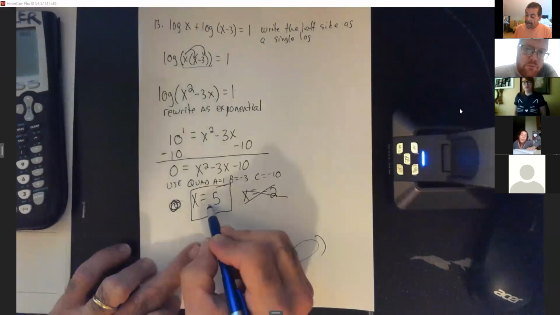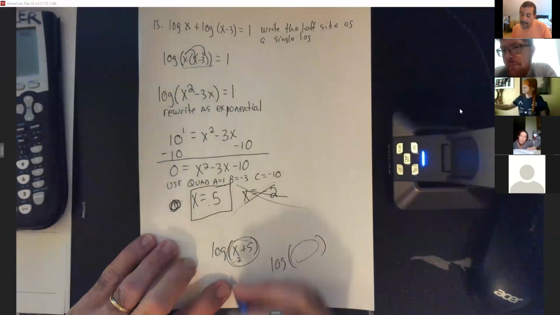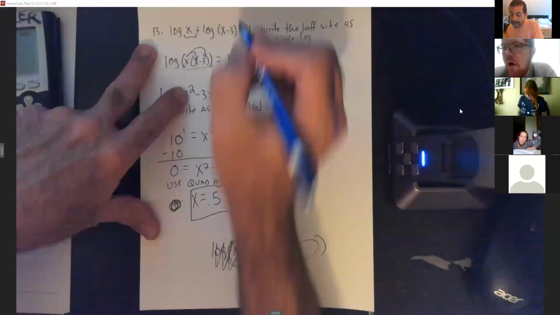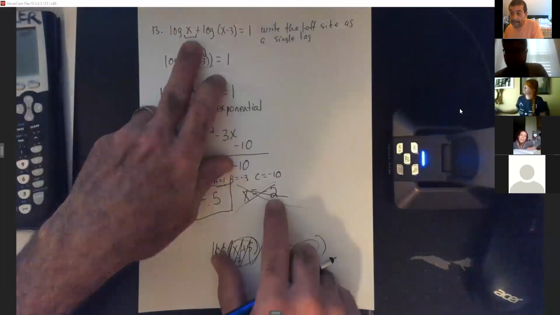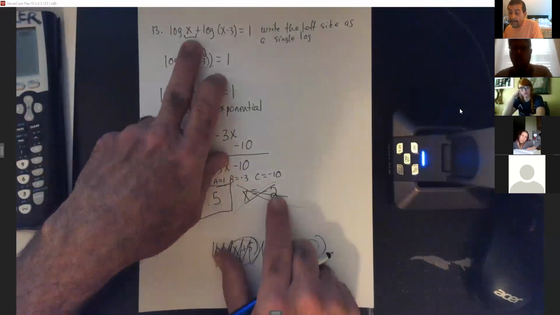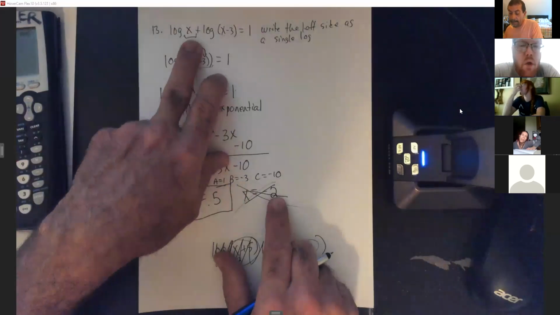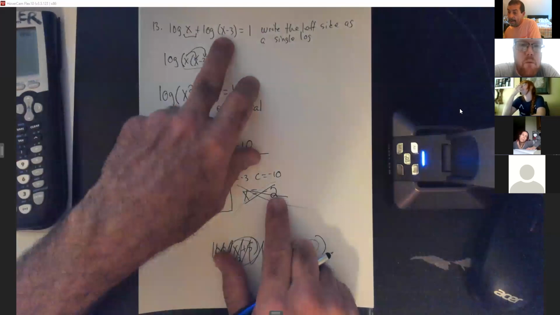That -2 is not an answer, and when you went to check them, you put them in. So I went up here and I had a log right here. Since this log was by itself, I said, well, I can do the log of 5 because that's positive, but I can't do the log of a -2 because that made it non-real. Now over here, you put the 5. 5 minus 3 still gave me 2, so that would have been good also.